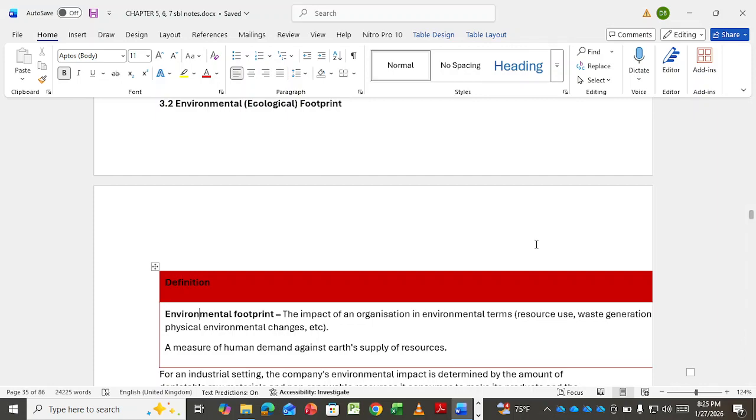Having a footprint, just in layman's language, is what are you leaving behind? If you've done something, what is its impact? So we have the environmental footprint and the social sustainability footprint.